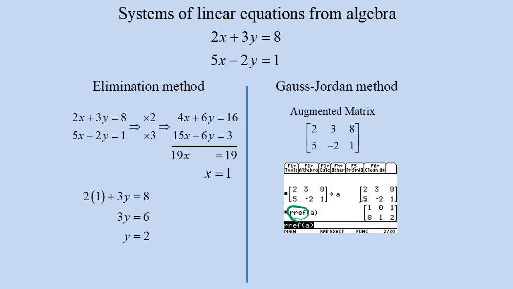As you can see in this matrix, reduced row echelon form means that we have ones in the main diagonal and zeros in all of the other spots in the square of the matrix. If that's the case, these are the answers for the two variables in the order in which they appear.